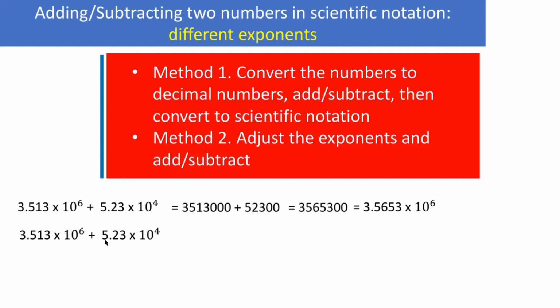So this number needs to be divided by 100, and this has to be added 2 to this 4. See, we move this decimal point 2 positions to the right, we increase the exponent by 2. Now you have the same exponent. Let's just add these two numbers, you get the answer.